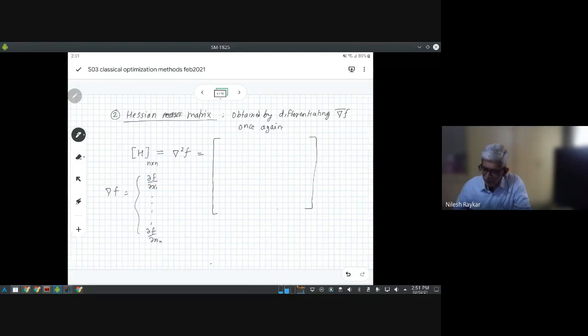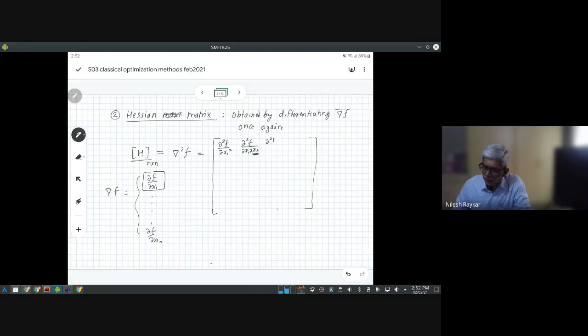When you are calculating the Hessian matrix, you further differentiate each term with respect to each of the variables once more. In the first row you get dabba 2f by dabba x1 square. Then dabba 2f by dabba x1 dabba x2, where you differentiate with respect to x2.